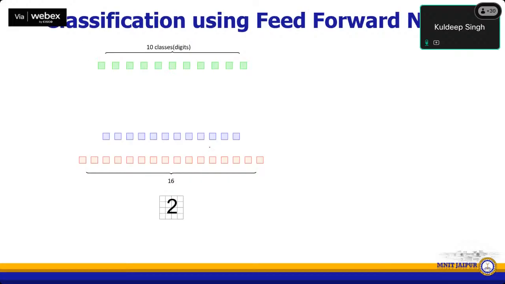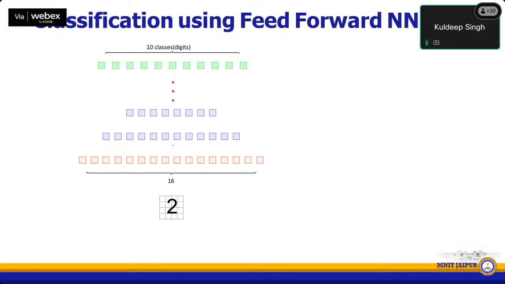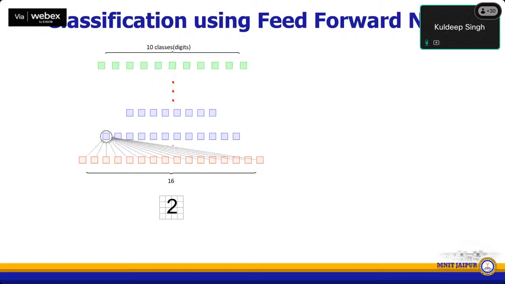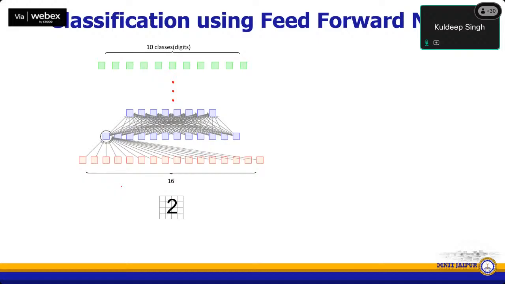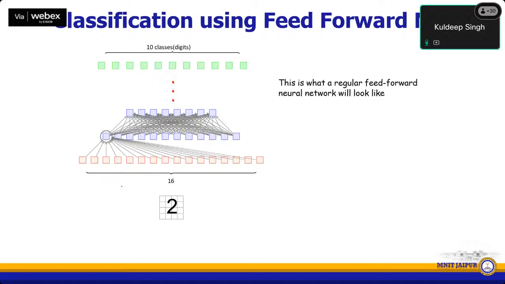In between we have hidden layers, and suppose there are multiple hidden layers, then we have to compute these pre-activations and post-activations with the help of these input nodes, and there will be weights associated with each of these connections that we have already established yesterday, and then we have dense connections for each layer.